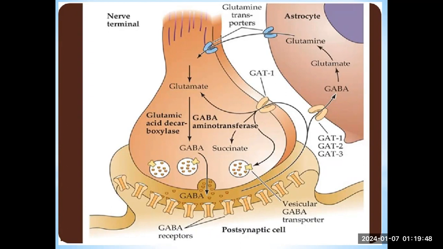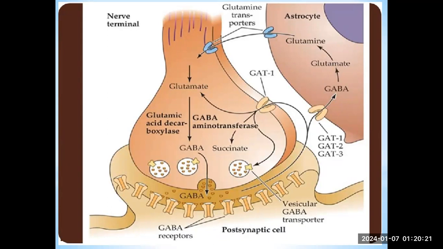The receptors which are present on the postsynaptic membrane of the postsynaptic neuron bind to the GABA, and then they perform their function. Some of the released GABA is then transferred by the GABA transporter into the astrocyte, where it is converted back to glutamate and to glutamine.